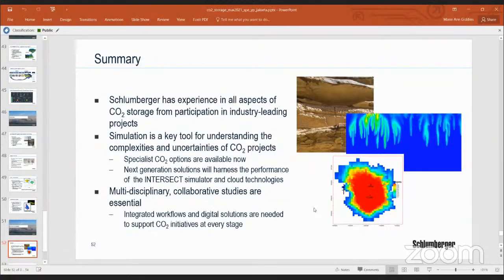Okay, so can you go back to the first question again? Sorry. Okay, so the first question is, how long should the monitoring be done post injection? That's something that we need to study again with dynamic simulation to estimate how long the monitoring should be done.